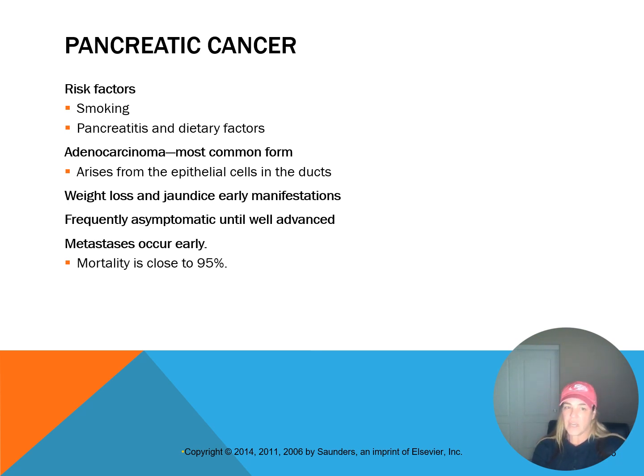Again, pancreatic cancer is very difficult to diagnose and most often is diagnosed in its late stages, which means it has a very bad prognosis. The mortality rate is 95%. So it's important to pay attention to signs and symptoms and reduce those risk factors, but again, it's not a very good prognosis.